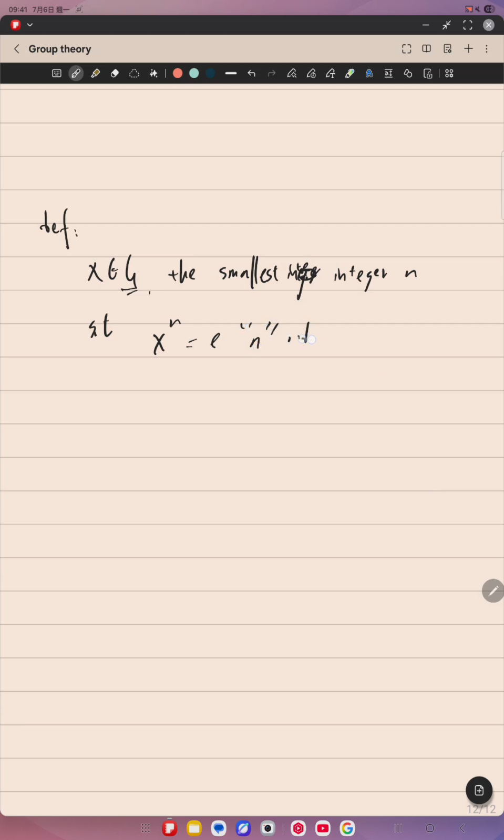So I want to define an idea called order, right? So, definition: for any group, let's say I take an element x in G, and the smallest integer n such that x to the power n equals the identity, n is called the order of the element x.